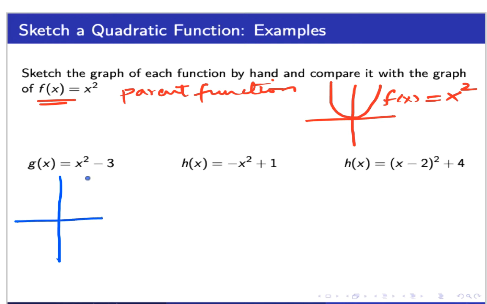Remember, this is the vertex for the parent function, 0 and 0. The new vertex would now be 0 and minus 3. And just basically eyeball this. The shape will not change. It will just move down by 3 units.